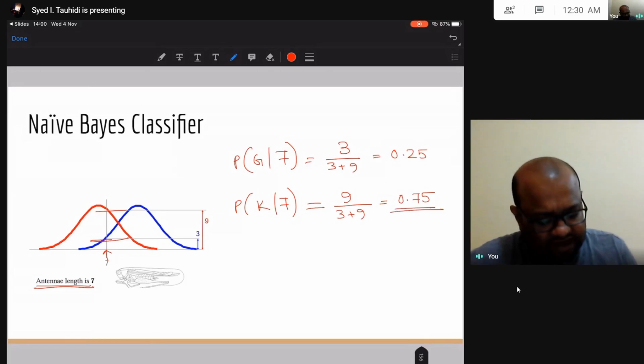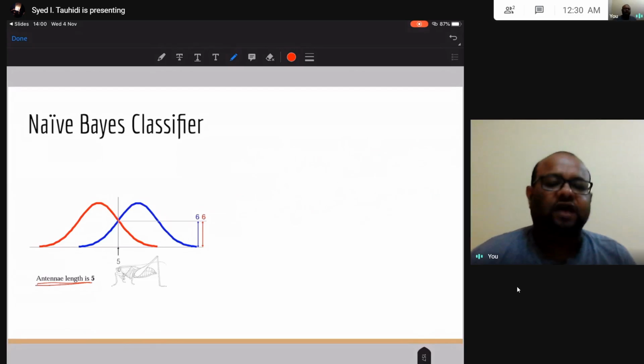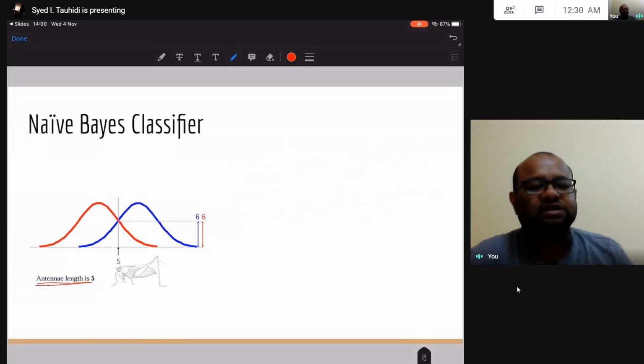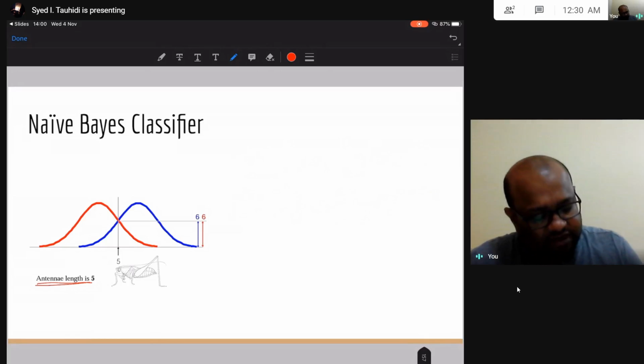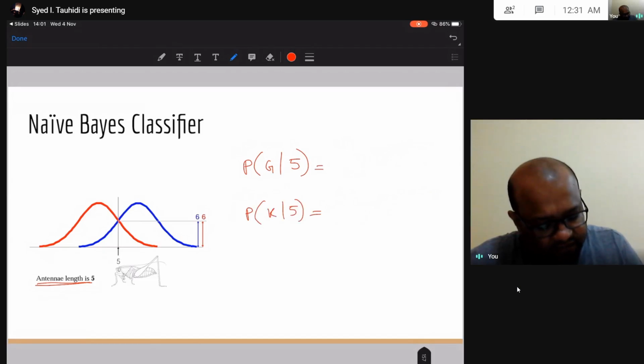Alright, let's do this again. Here I have an insect whose antenna length is equal to 5. Is this a grasshopper or is this a katydid? Let us try to figure it out. Probability of grasshopper given antenna length equal to 5, and probability of katydid given antenna length equal to 5. I see that at 5 these two curves are intersecting.